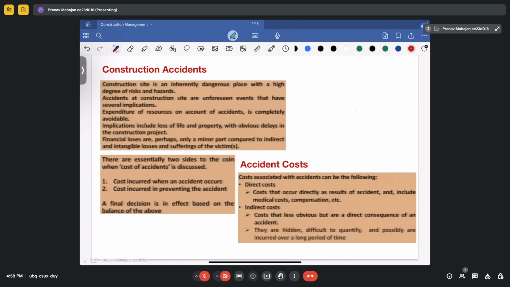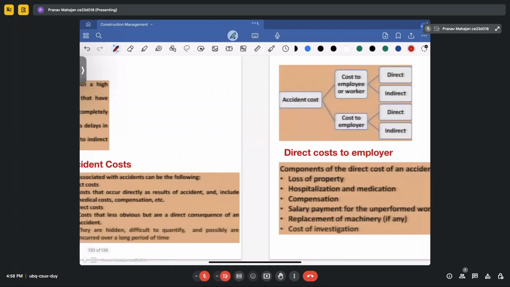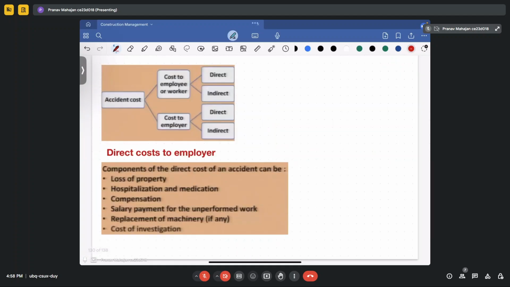They are hidden, difficult to quantify, and possibly incurred over a large period of time. From the diagram you can see that accident cost contains two components. One is the cost to the employee or worker. Second is the cost to the employer.